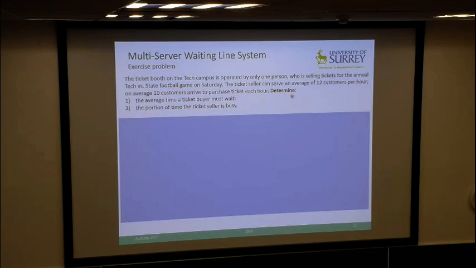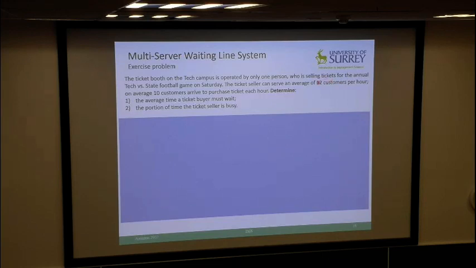This is a pretty simple and straightforward question. What if we have one person trying to sell tickets for a football game? We mentioned only one person selling tickets, so this is a single server problem.